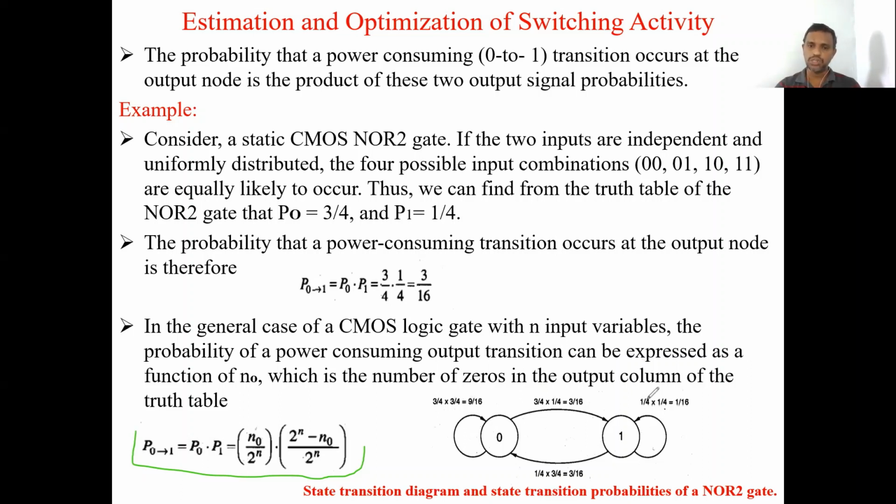This is the transition probability, or state transition diagram, of a CMOS NOR2 gate. This formula we can apply to any logic gate. If you know the number of inputs and the number of zeros at the output, you can easily calculate the probability of power consuming transition. Now we'll go with the next one.